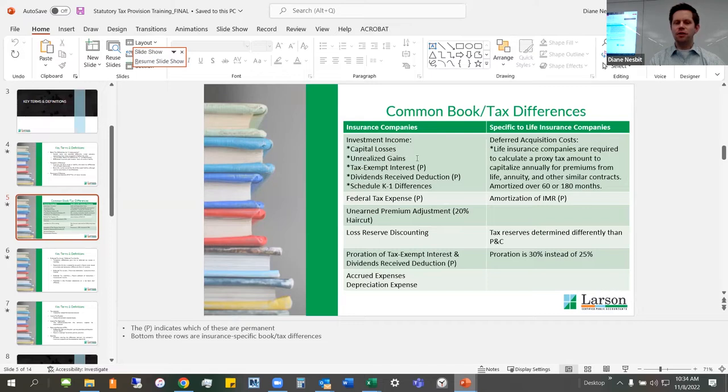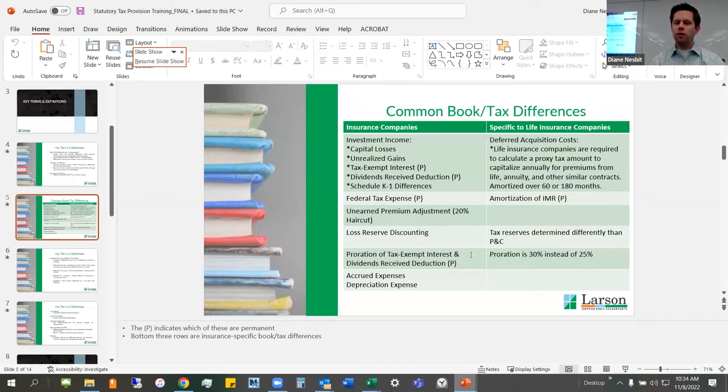Your unrealized gains, as recognized for book purposes, are not recognized for tax purposes. Your tax exempt interest and dividends received deduction are permanent differences, and then there's proration for both of those.